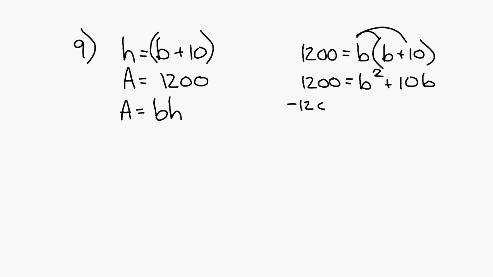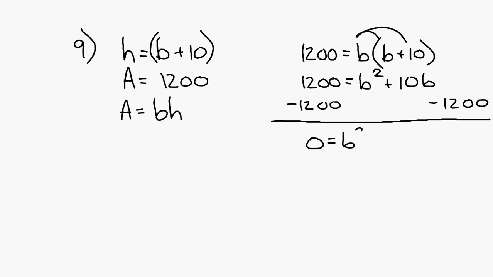So 0 is going to equal b squared plus 10b minus 1200. And now you're going to do the quadratic formula.